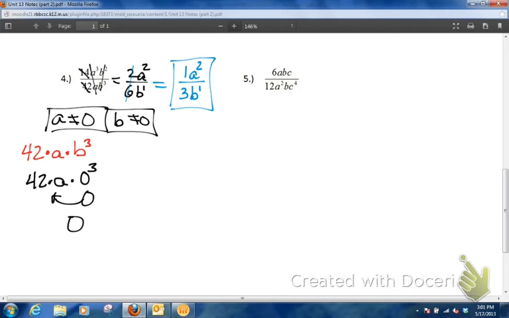And again, this is an example of why we do state the excluded values before we cancel, because here I'm going to erase that exponent of 1, and I'm going to erase this 1.